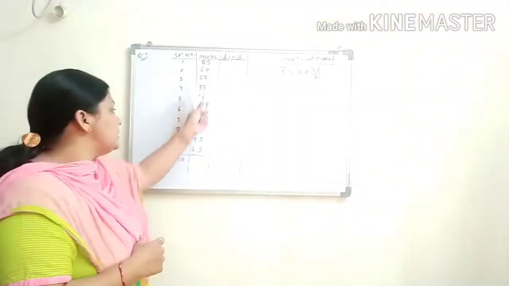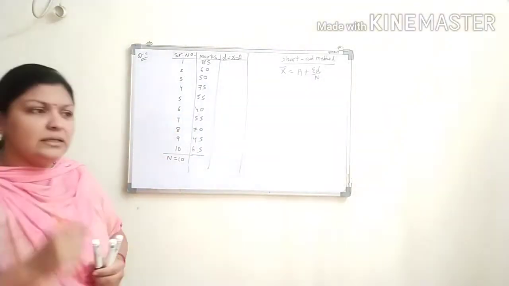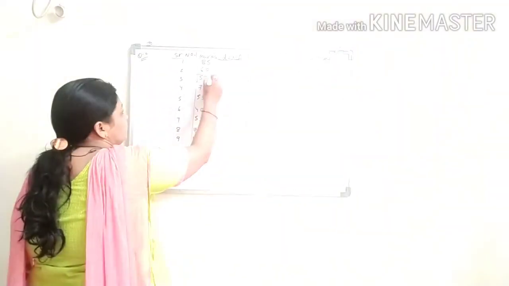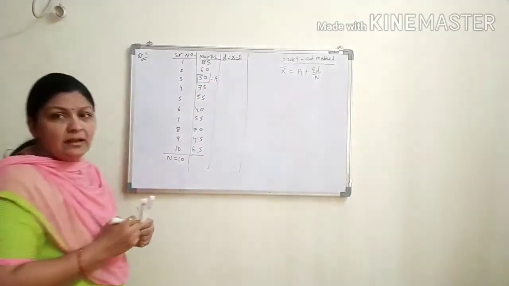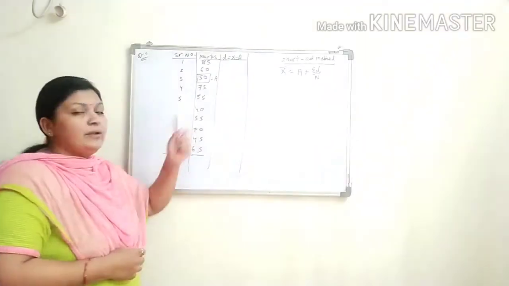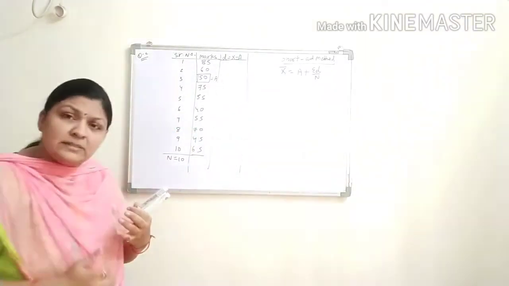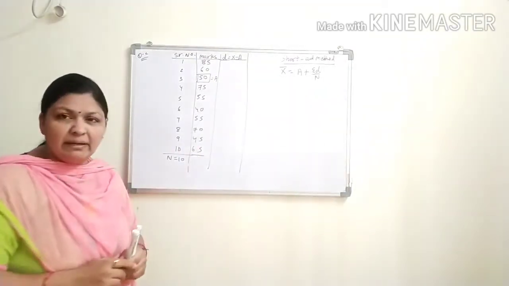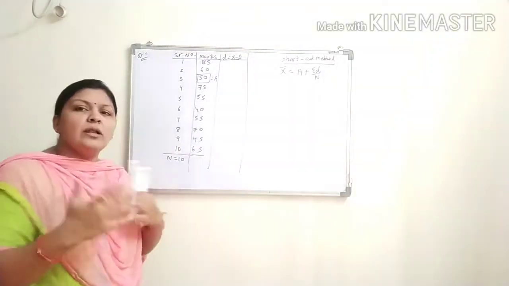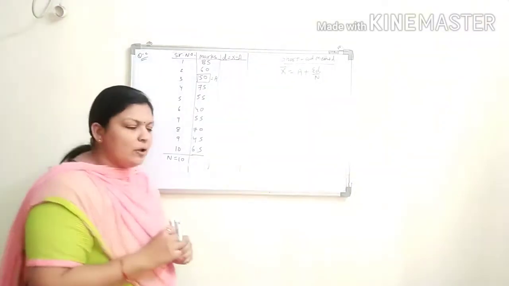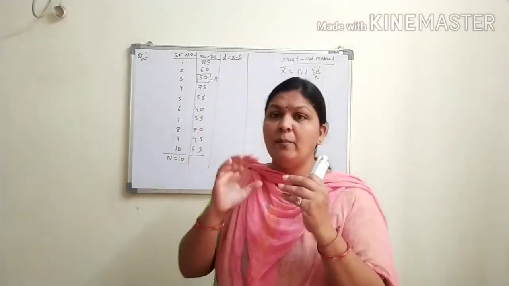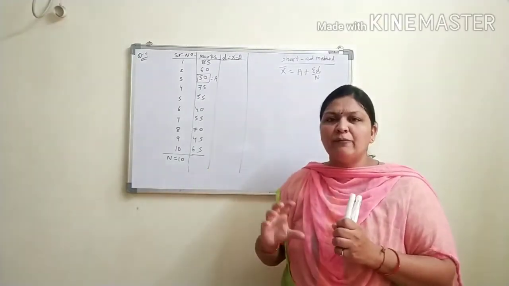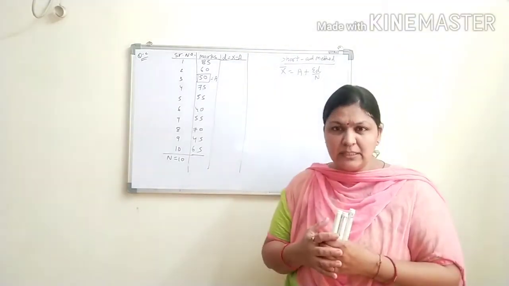So first you assume A from among these. Listen students, suppose I am assuming A for this. If you assume 55, your answer and my answer still remain the same. If you assume 70, still your answer and my answer remain the same. But keep in mind, when you assume A among the observations, be careful that the subtraction procedure becomes easy.